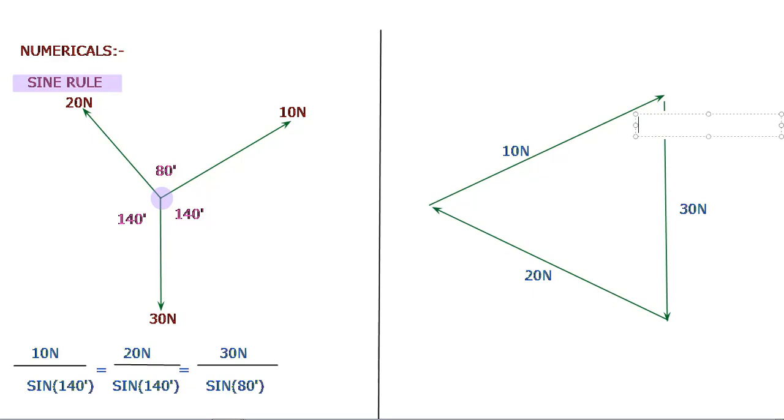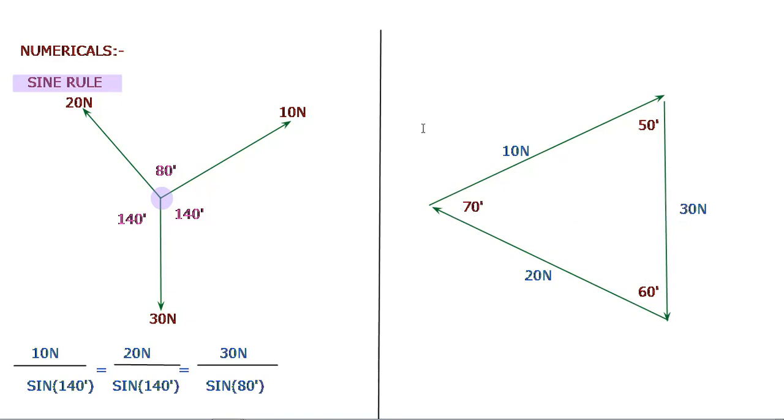Now suppose this angle is 50 degree, this angle is 60 degree, and the third angle is 70 degree.